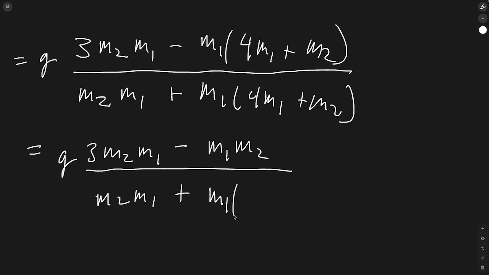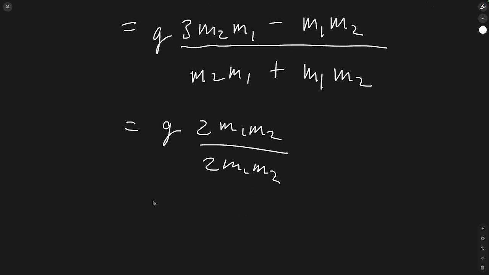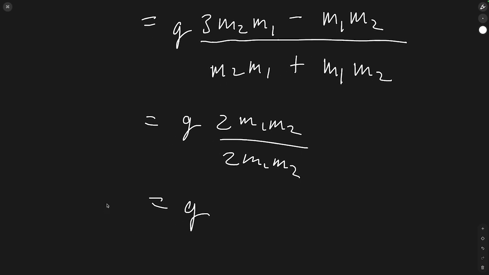And here, it's basically just M2 again. Well, okay. So this is going to be G, and then 3 times this product minus this product is 2. So 2 M1 M2. And then this is also 2 M1 M2. So it's exactly as we predicted. It's just going to go up at an acceleration of G.